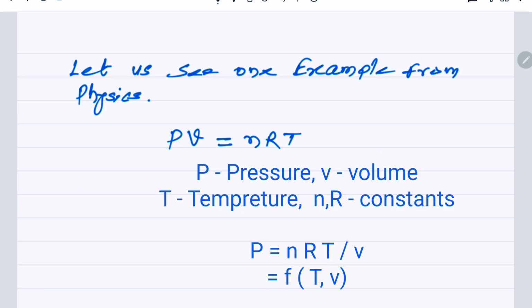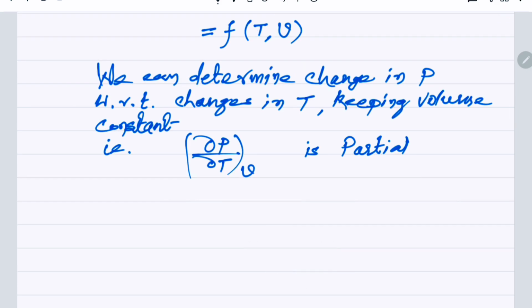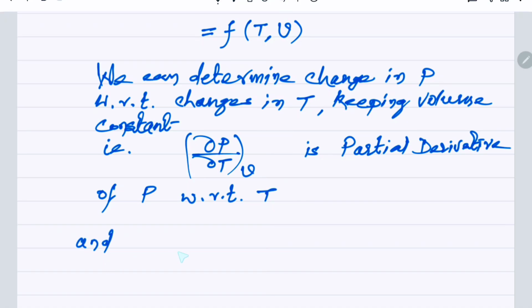Then if we solve it for P, we get nRT divided by V, nothing but it is function of T and V. Then we can differentiate that P with respect to T keeping volume constant, that is called as a partial derivative of P with respect to T keeping volume constant. Or we can differentiate that P with respect to volume keeping temperature constant. This is another example of that partial derivative.